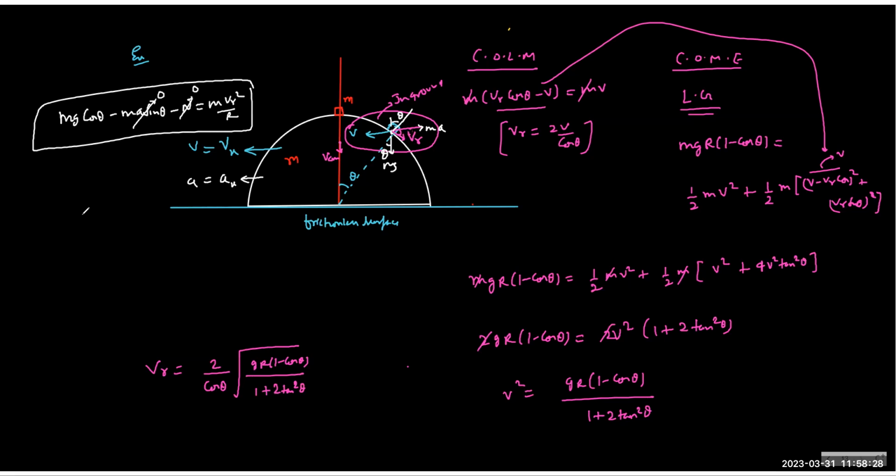Yes, sir. And therefore both terms will vanish. So you will get only mg cos theta equals mv square by r, which will give you VR square equals gR cos theta, correct?